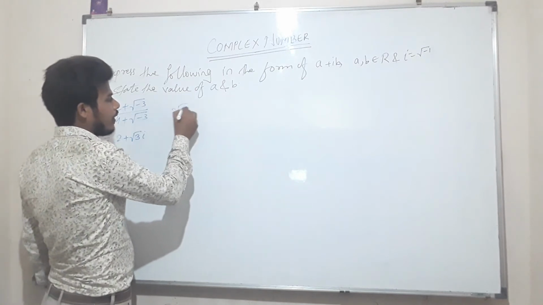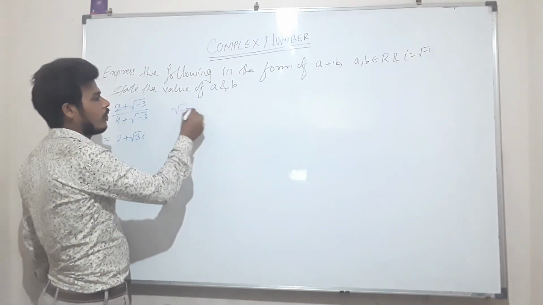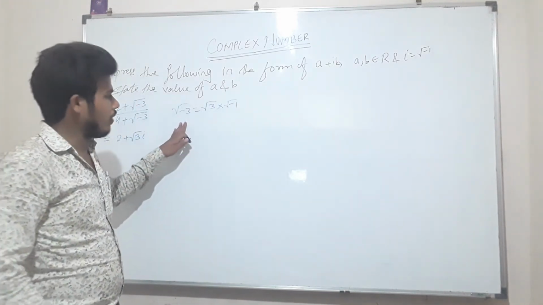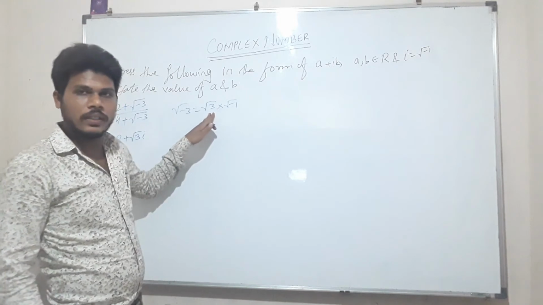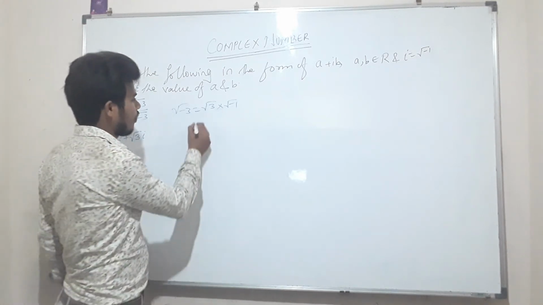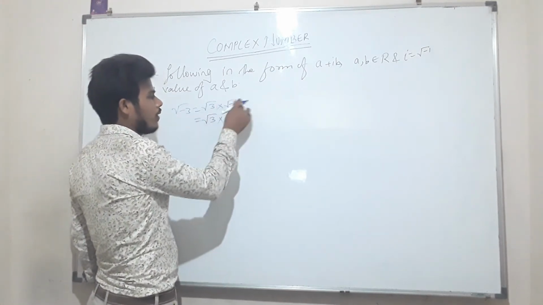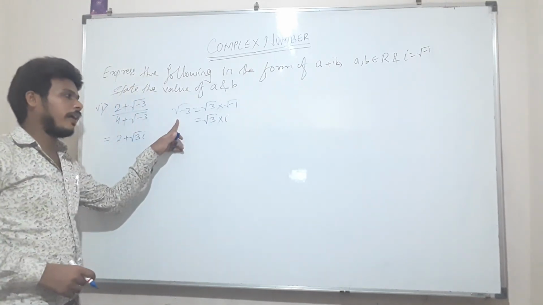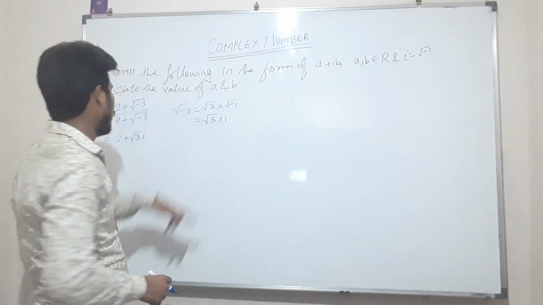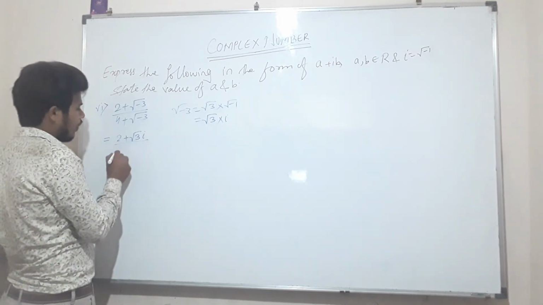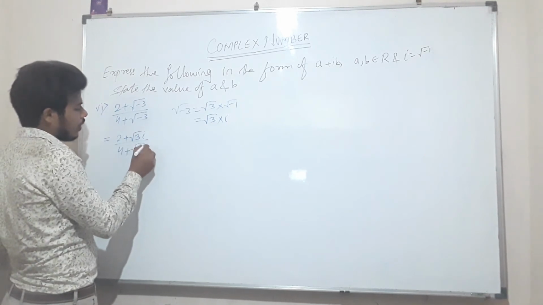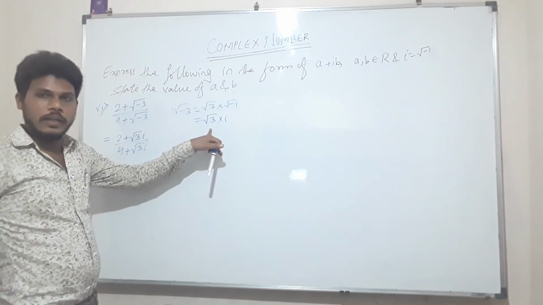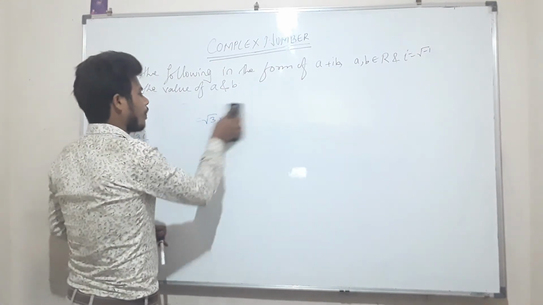Because square root of minus 3 can be written as square root of 3 into square root of minus 1, and square root of minus 1 is nothing but i. So we can write square root of minus 3 as square root of 3 into i, that is square root of 3i, upon 4 plus square root of 3i. So first we will simplify square root of minus 3 as square root of 3i.